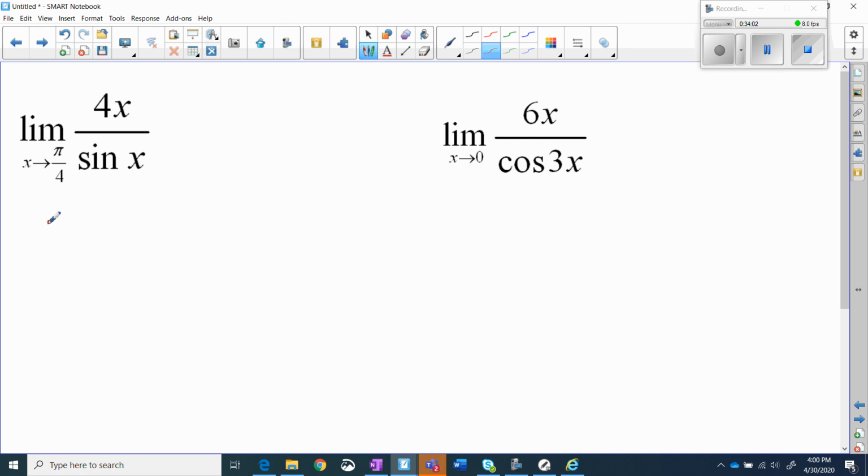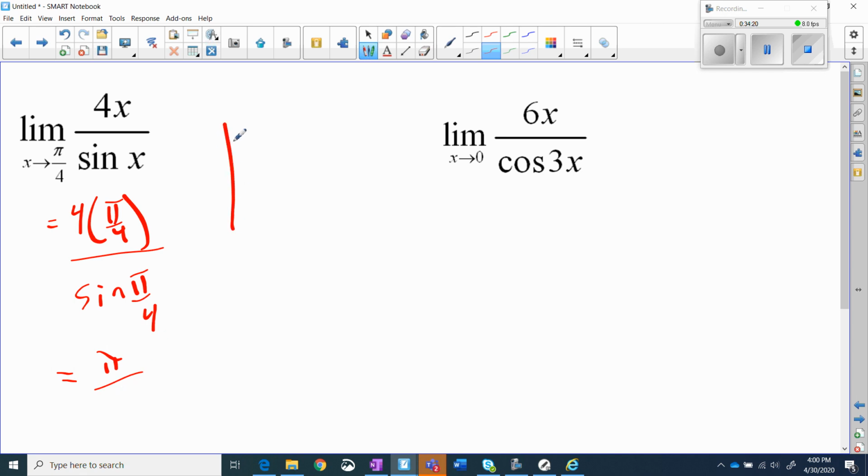All you would do here is simply substitute pi over 4 wherever there's an x. Remember, that's always your first option, direct substitution. The only time you're in trouble is when direct substitution gives you 0 over 0. Well, here, this is going to give me pi. The sine of pi over 4, hopefully you remember from last semester, pi over 4 is 45 degrees.